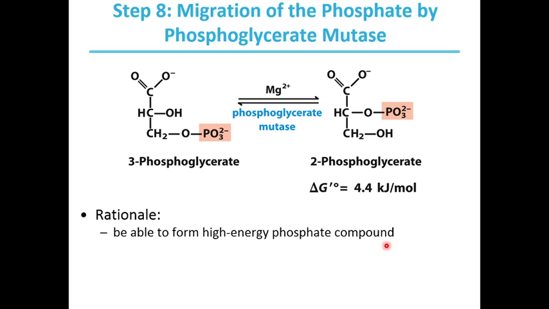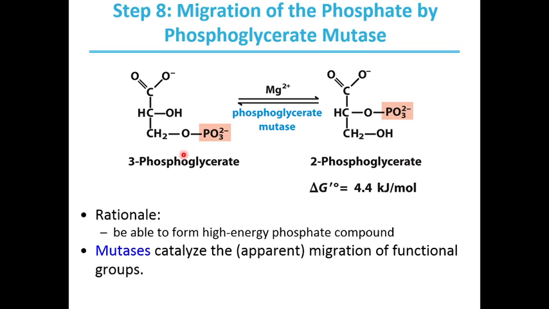Mutases catalyze the migration of functional groups. And it is apparent here that the functional group is phosphate, that is going from being attached to the hydroxy of 3 carbon to the hydroxy of the 2 carbon in phosphoglycerate. One of the active site histidine residues is post-translationally modified to phosphohistidine.